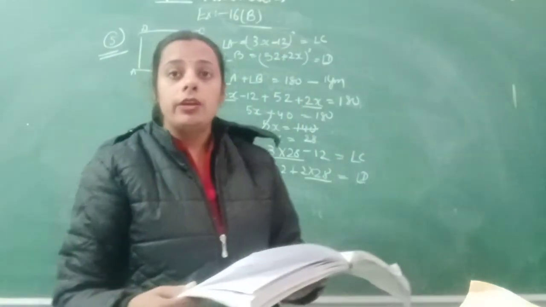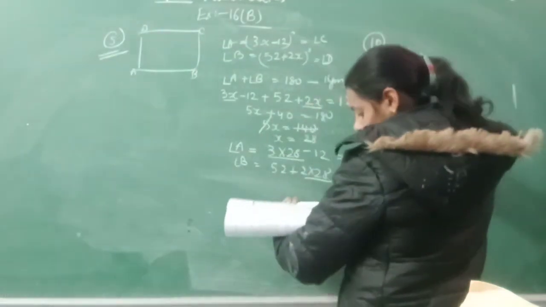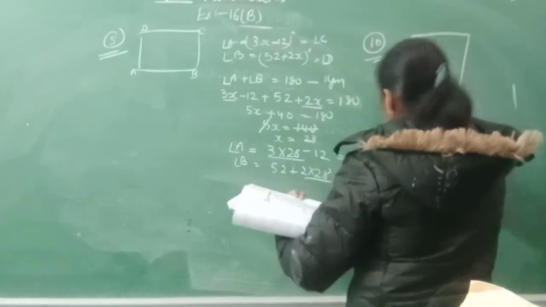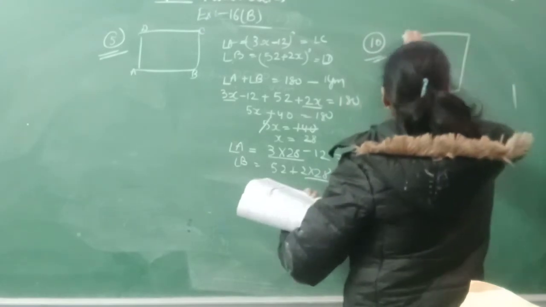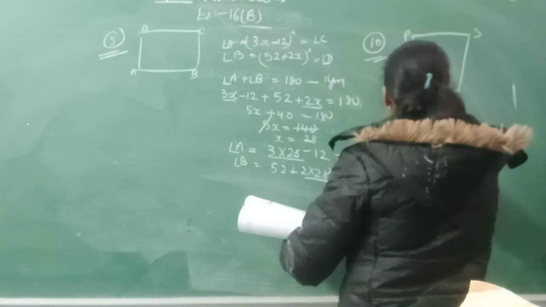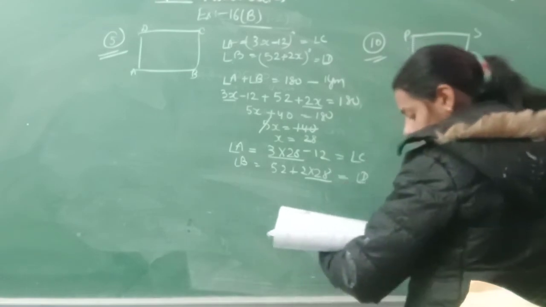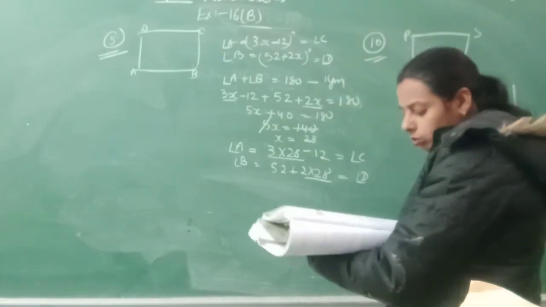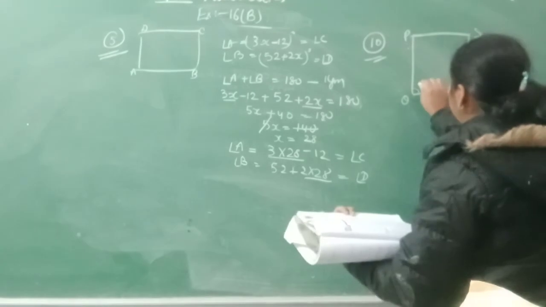Now I continue with question number 10. In question number 10, PQRS is a parallelogram where angle Q is 50 degrees.